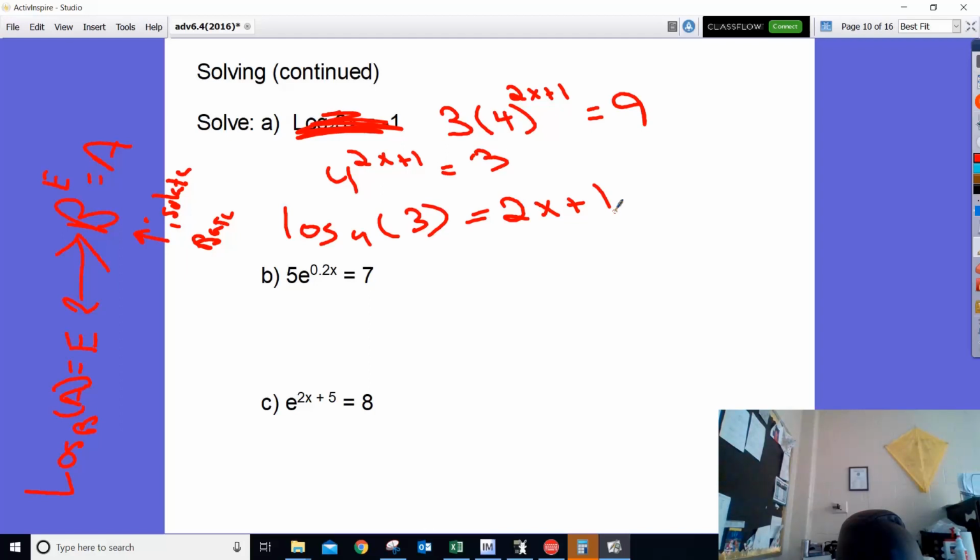How can you rewrite log base 4 of 3 using change of base? Change of base says log base B of argument A is the natural log of A over the natural log of B. There you go. Natural log of 3 over the natural log of 4 equals 2x plus 1.